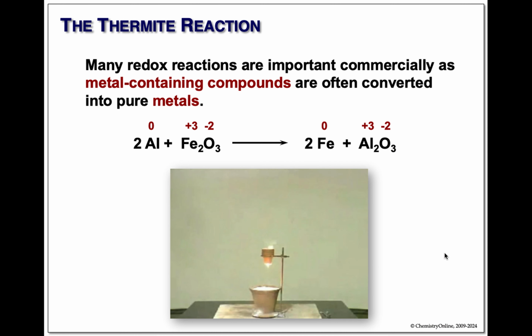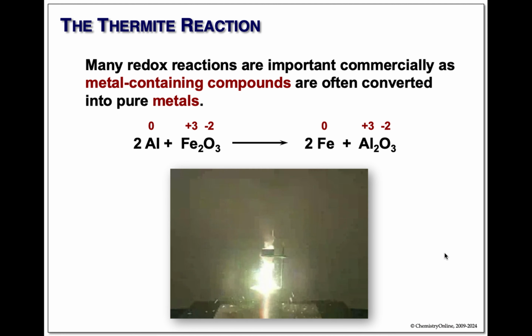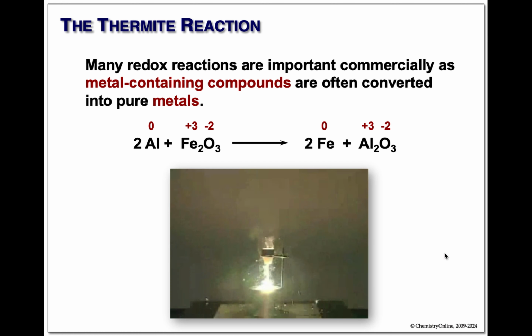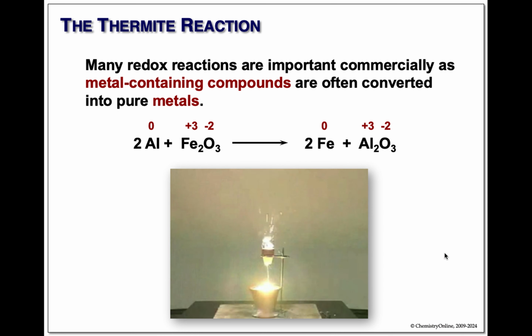Now as it's going, pay attention to what's happening at the bottom here. And it's still draining out. You can see there's a dribble coming out here. That's molten iron.